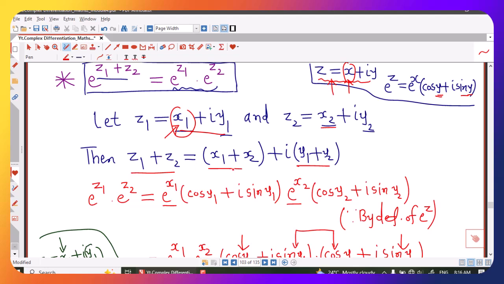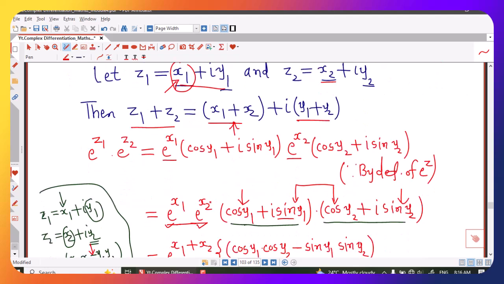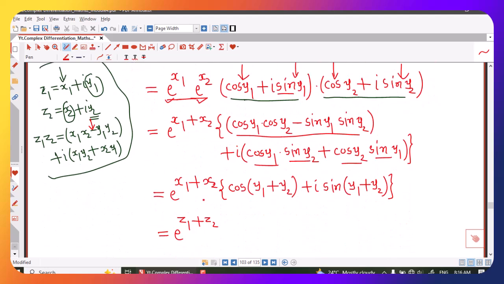Here real part of z1 plus z2 is x1 plus x2, so that is here e raised to x1 plus x2, and imaginary part of z1 plus z2 is used here. Therefore, by definition of exponential function, we can rewrite this as e raised to z1 plus z2.